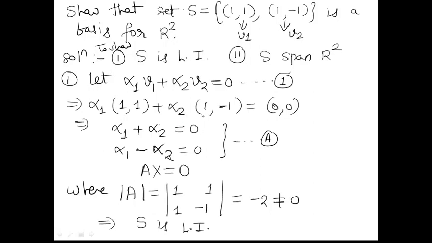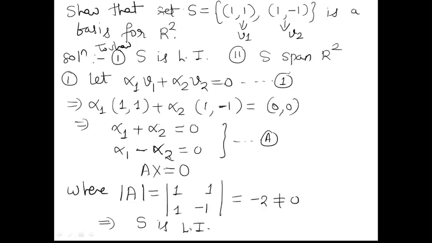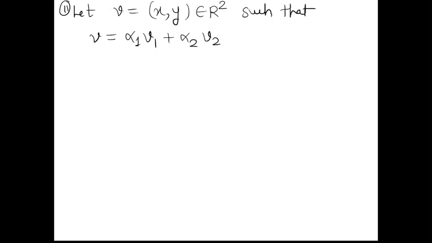What is the difference between equation 1 and equation 2? In equation 1, the right hand side is 0, since the linear combination is equal to 0. Whereas in equation 2, the right hand side is not 0, it's V. This is the only difference.